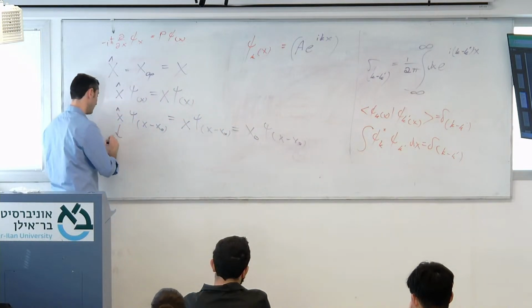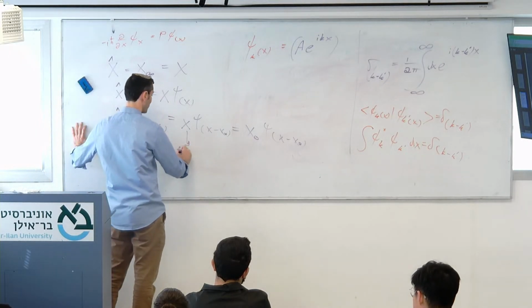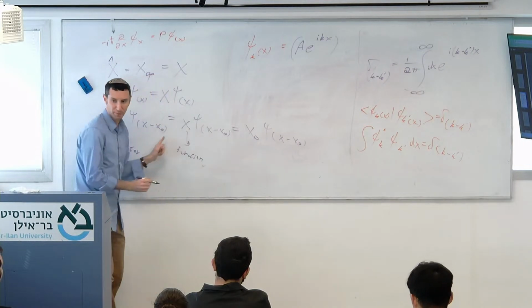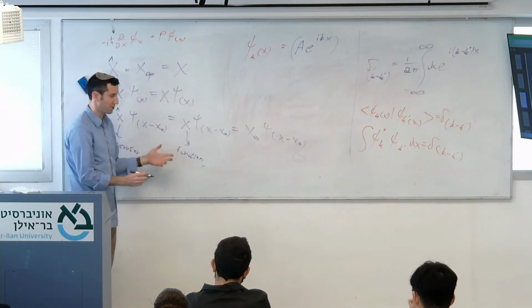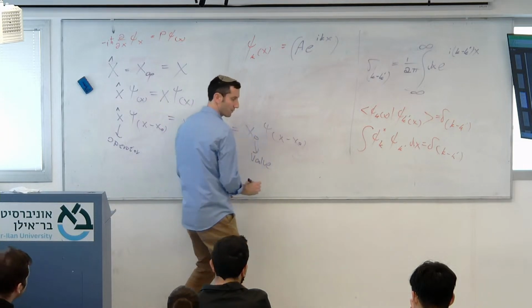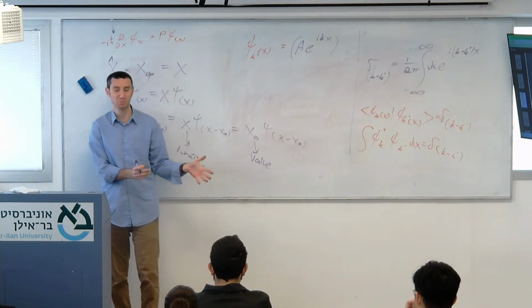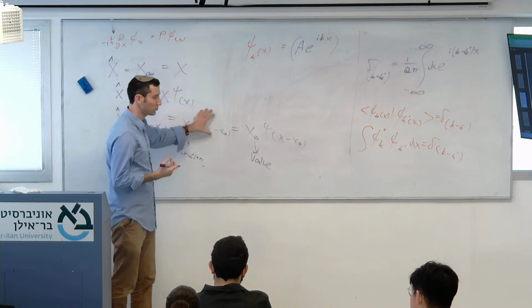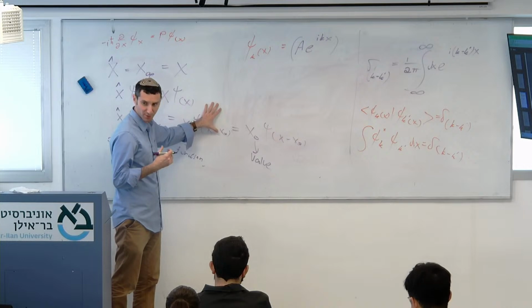This is the operator of position, and this here is my value. I'm right now at x naught, and this operator is going to somehow measure my position.